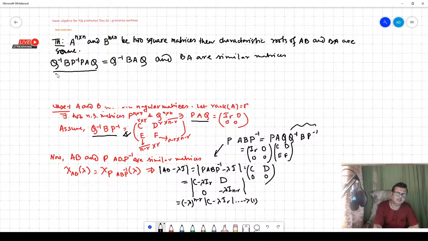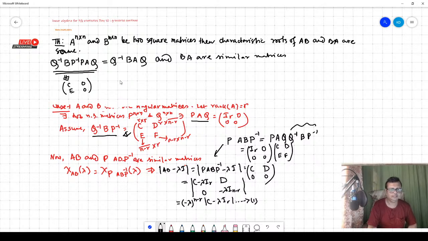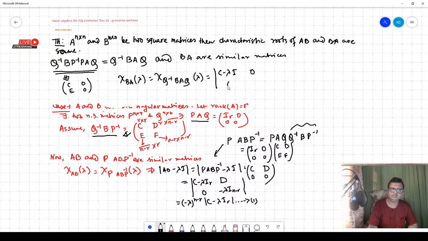Multiplying [C D; E F] by [I_r 0; 0 0], we get [C 0; E 0]. Then chi_AB equals chi_BA, and chi of Q inverse BAQ at lambda is [C minus lambda I, 0; E, minus lambda I_(n minus r)].